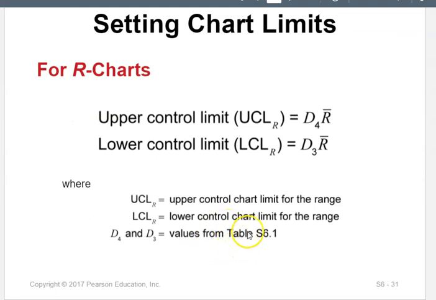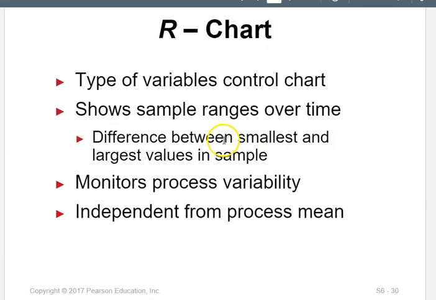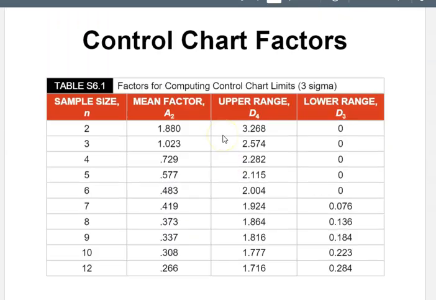So that's a good sign you need to use an R chart. To calculate the R chart upper and lower control limits, R bar is either given to you, or the data is given and you can calculate the ranges and find their averages. And then you need how many standard deviations, or how many D's, away from the center, right? So that would be D4 and D3. Where do you get D4 and D3? We just learned from that table.